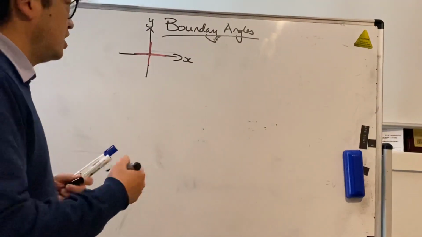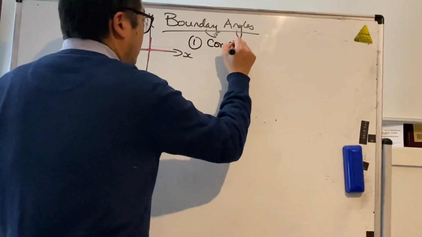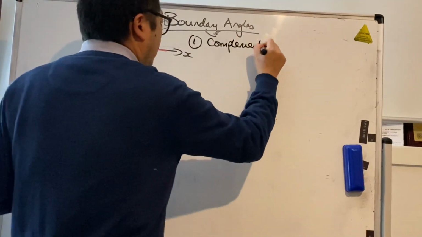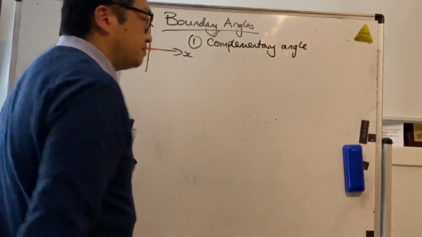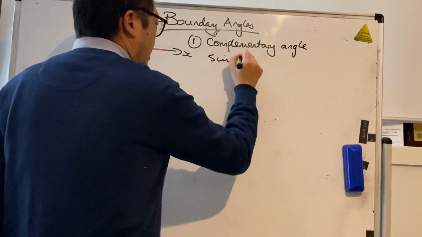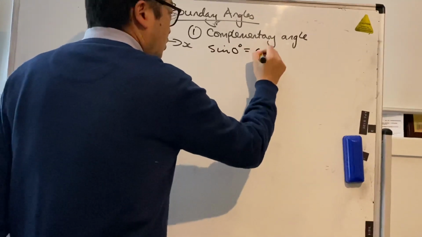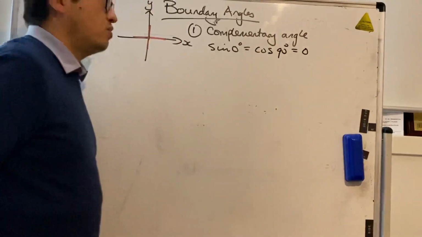First of all, I'm going to talk about it from the complementary angle perspective. So sine 0 is equal to cos 90 degrees and equal to 0.